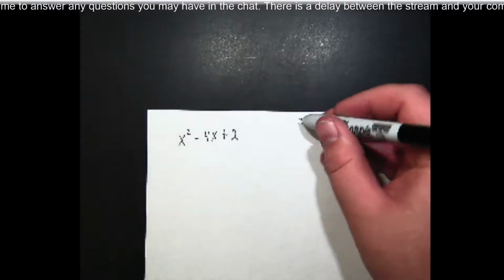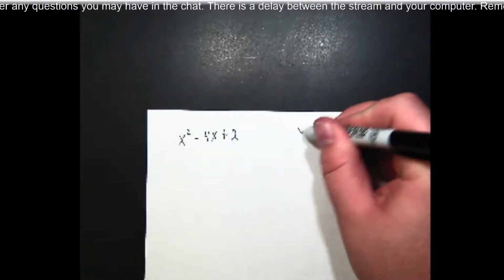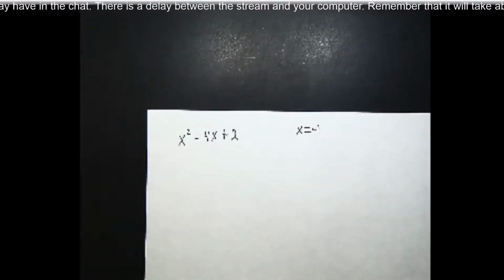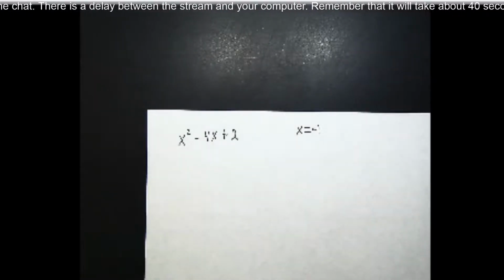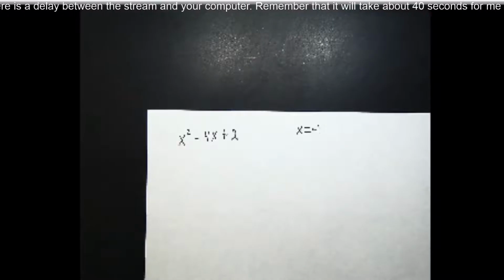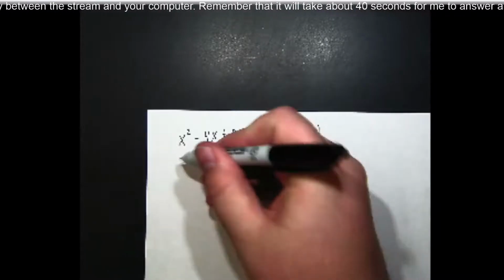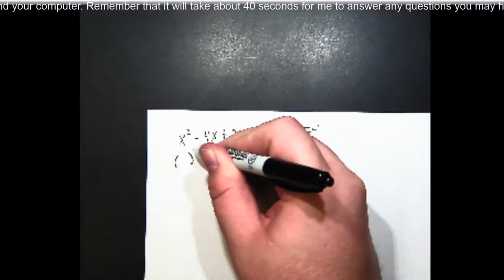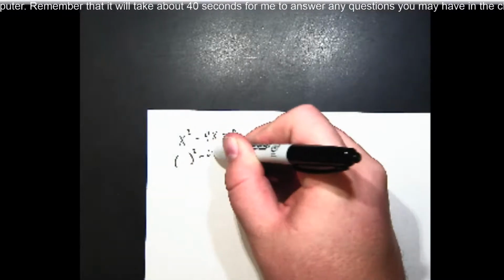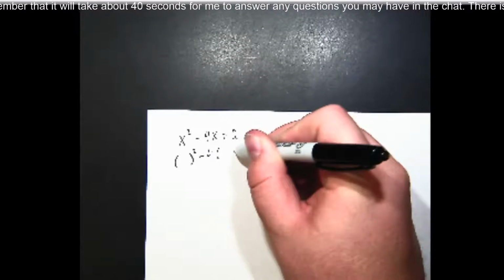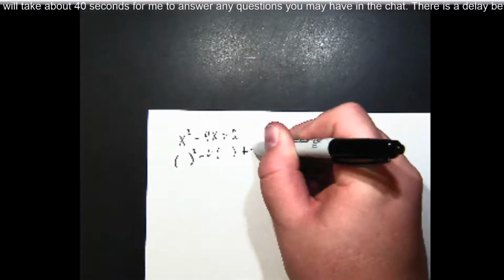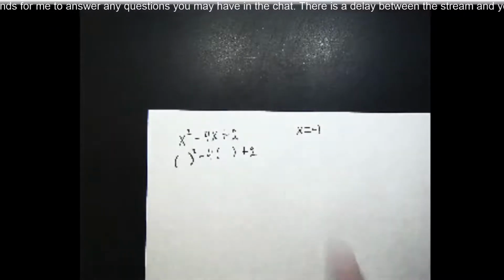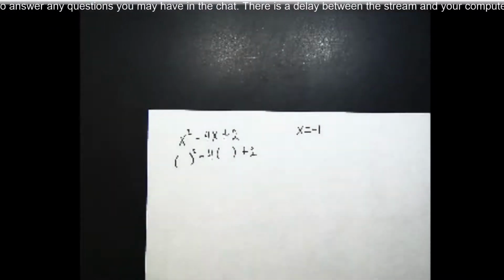So let's say that I'm going to plug in -1 for x. So x equals -1. Again, I want to make sure that I use parentheses when I plug that -1 in. So everywhere that I have an x, I'm going to open up a set of parentheses. Okay, and then I can put that -1 into each of these parentheses.